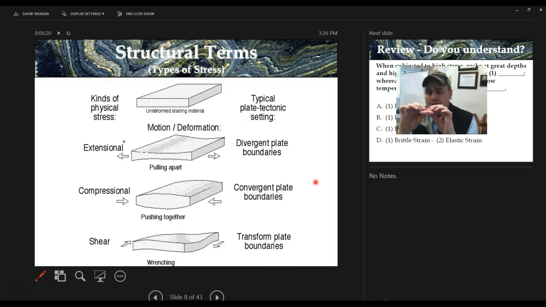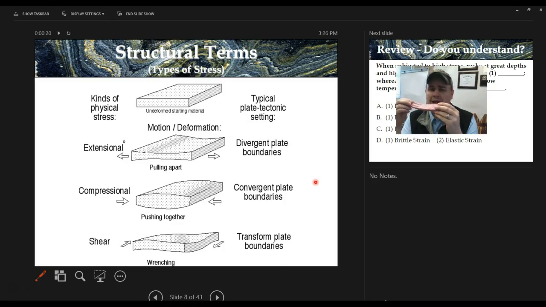What's going to happen to the thickness of my plate? Well, it's going to get thinner, right? So it's going to get thinner and longer. The overall thickness is now thinner, and it's been extended out. That's what would happen if you had ductile deformation. It would thin out and extend.